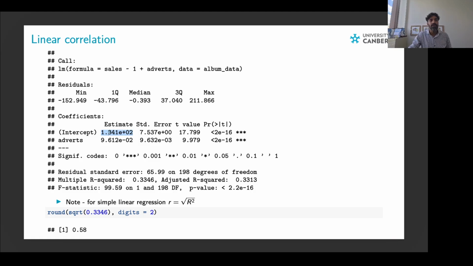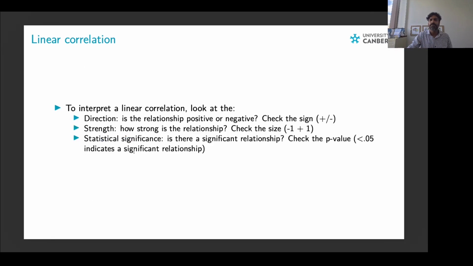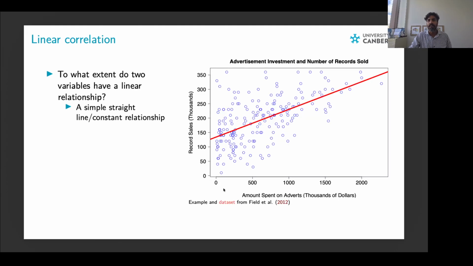And so the thing we focus on in the interpretation is this beta estimate. Now, e to the -02 just means move the decimal spot to the left 2 spaces. But I think this is in thousands of dollars.